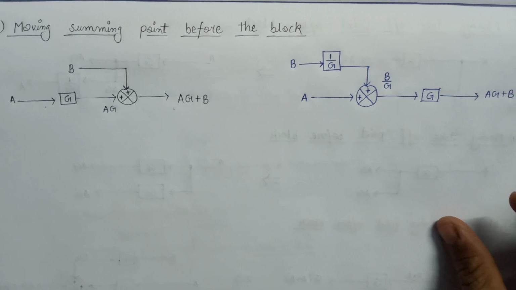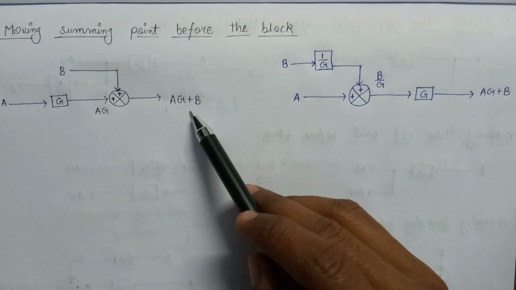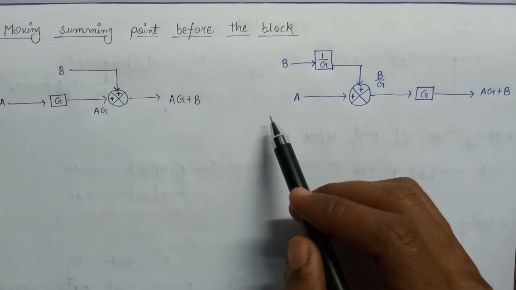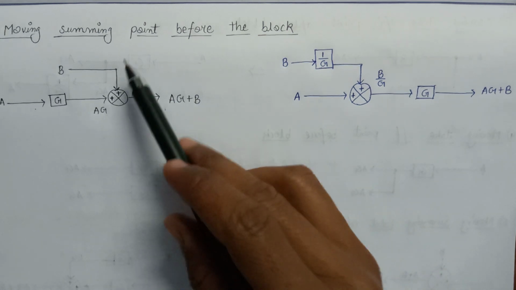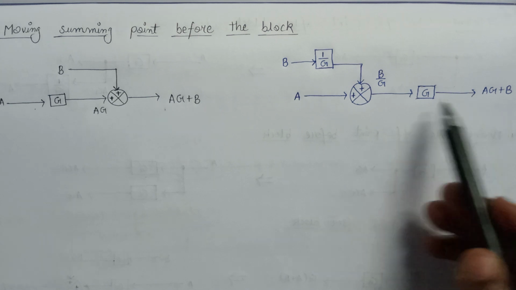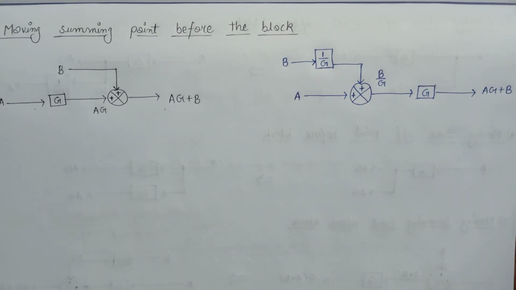Since the output, that is AG plus B, is equal to this output, this specifies the condition that if we move the summing point before the block, then the output remains the same and the gain will get divided. And in the previous rule we also studied that if we move the summing point after the block, then the gain will get multiplied. So we have to remember this thing.